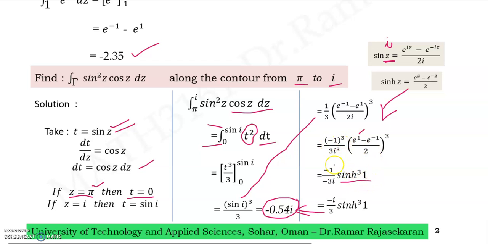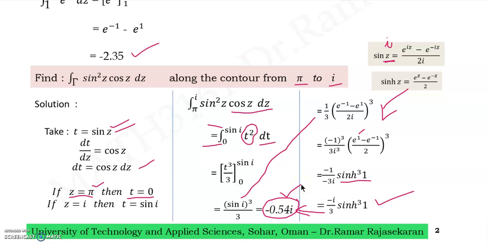Minus 1 cube is minus 1, i cube is minus i, so minus i in the denominator. Next, write the conjugate of i, that is minus i, and multiply by minus i in numerator and denominator. Finally you will get this answer. In numbers, you can find this value in a calculator: sinh 1, then cube it, then divide by 3. This is the final answer for this question.